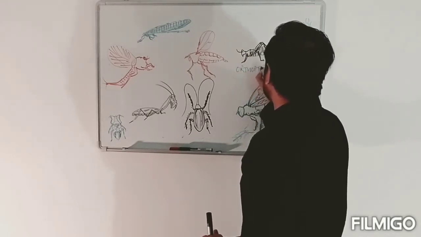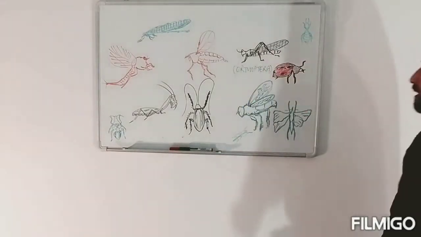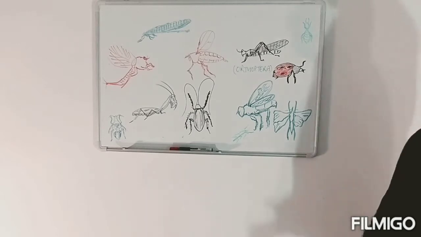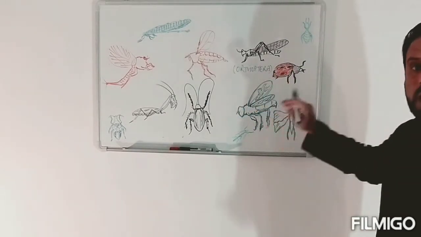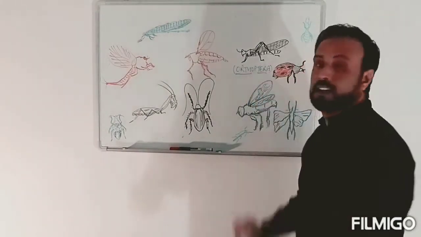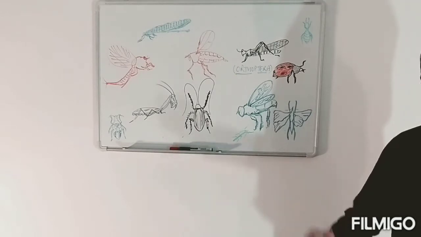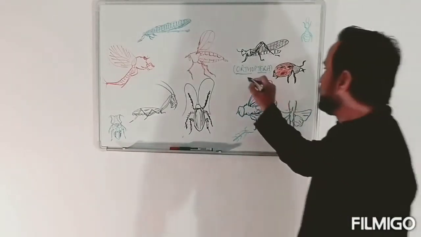Orthoptera. If I divide this word Orthoptera into 2, I will say ortho and tera. Ortho means straight, it's a Greek word.